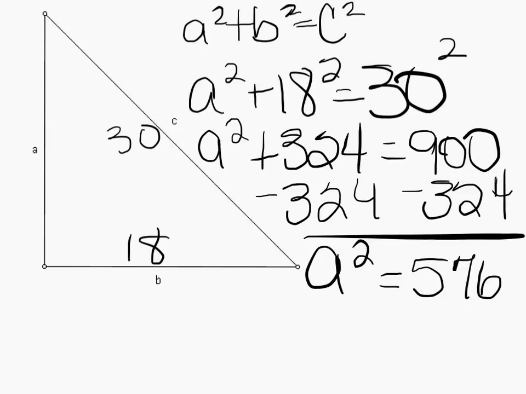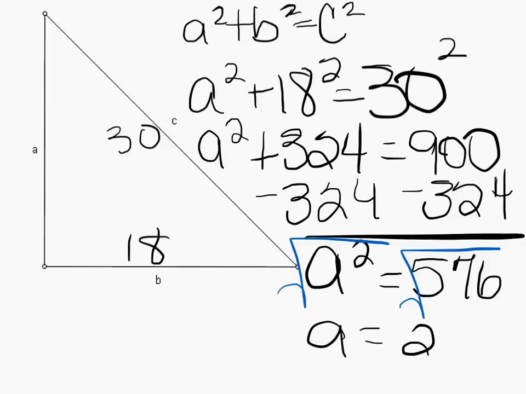Yes, you guessed it. We're going to take the square root. So let's take the square root of a squared, the square root of 576. And we're going to be left with a equals 24. So in this case, our a equals 24.